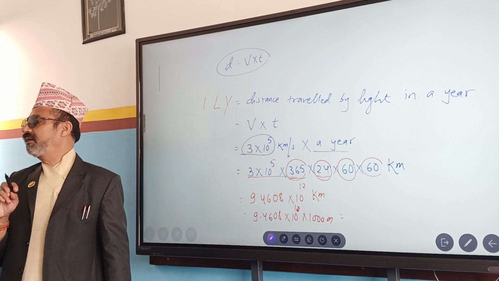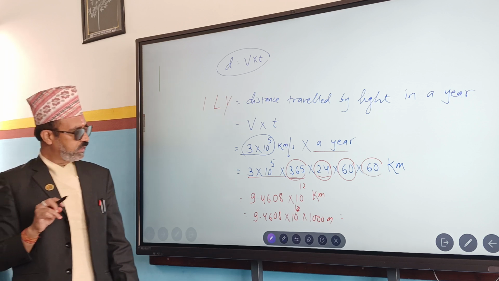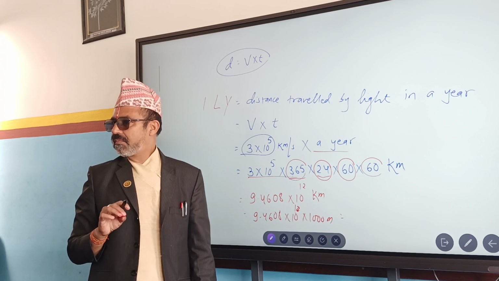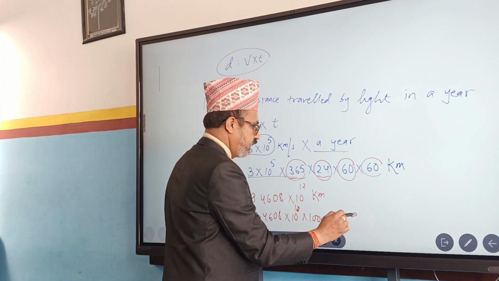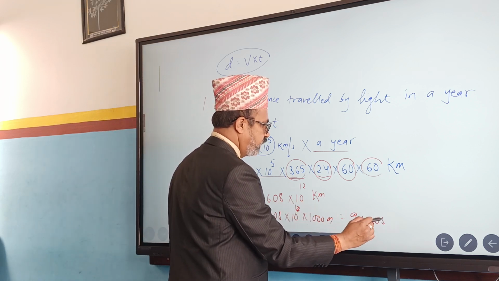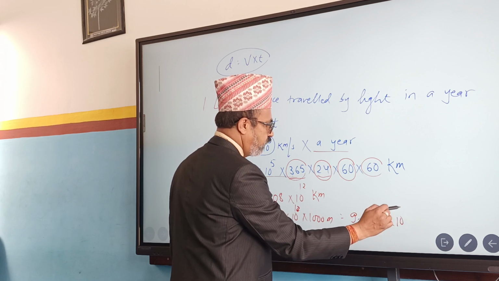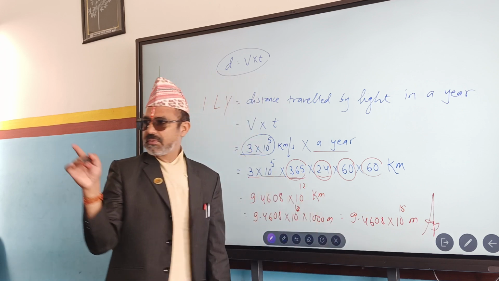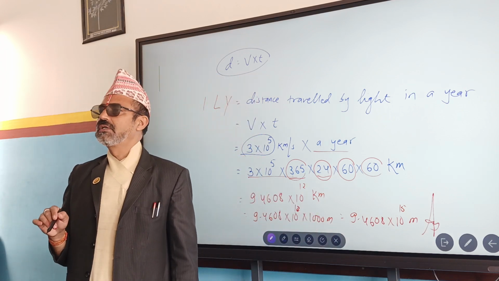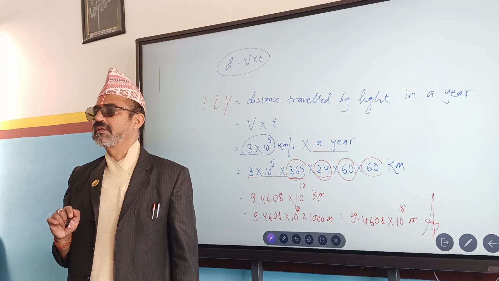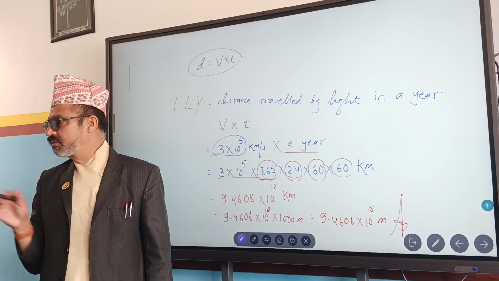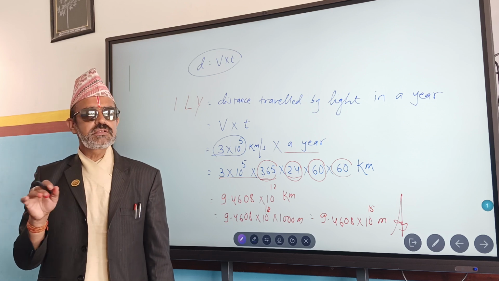Children, multiply. 9.4608 times 10 to the power 12 multiplied by 1000 meter is 9.4608 multiplied by 10 to the power 15 meter. So you must solve yourself. This question can be asked as a 2 marks question. I may ask like this question also. You have got a calculator, use it.